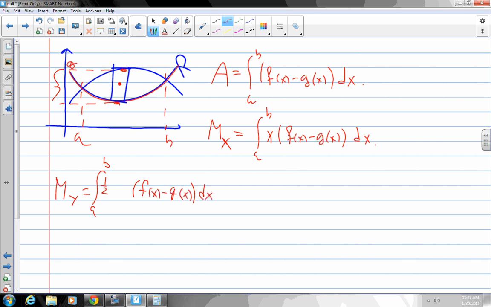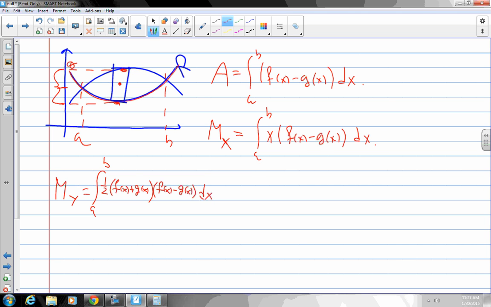We want to find the midpoint there. So we're just averaging the two functions in this case. So it's a 1/2 of the sum of these functions. So I'm going to write it here. So it's 1/2, the average of both functions, and then f of x minus g of x.